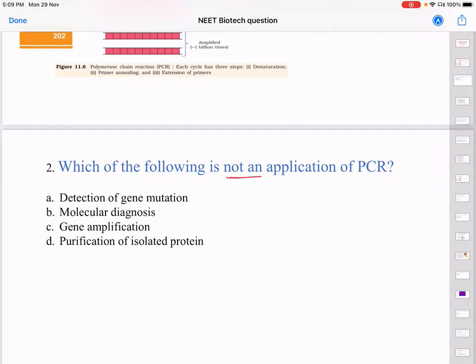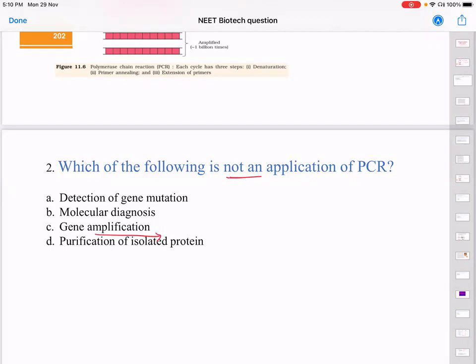We have already seen in the previous question that gene amplification is the principle of PCR. You try to amplify a gene to millions of copies. So gene amplification would be one of the possible applications, right?